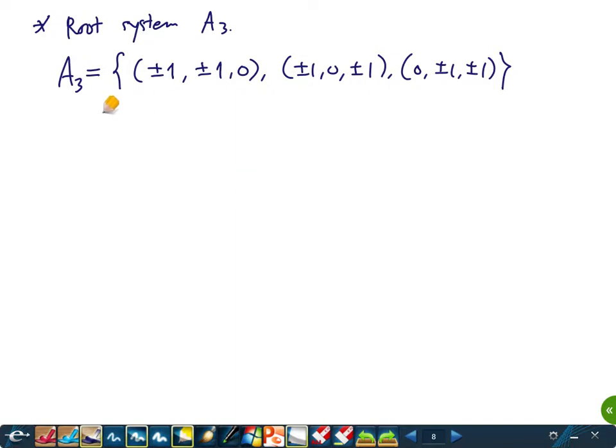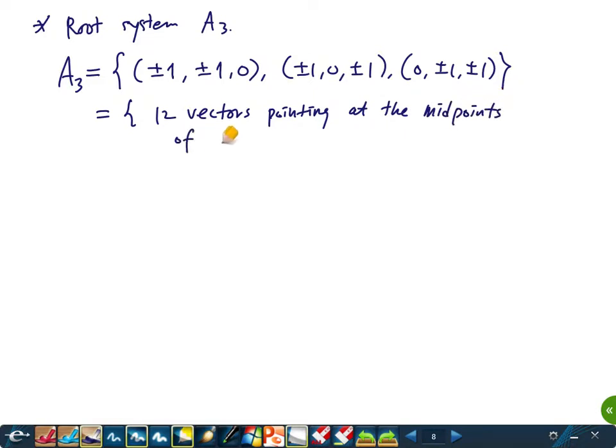And these are in fact the 12 vectors pointing at the midpoints of the edges of a unit cube centered at the origin, from its center.